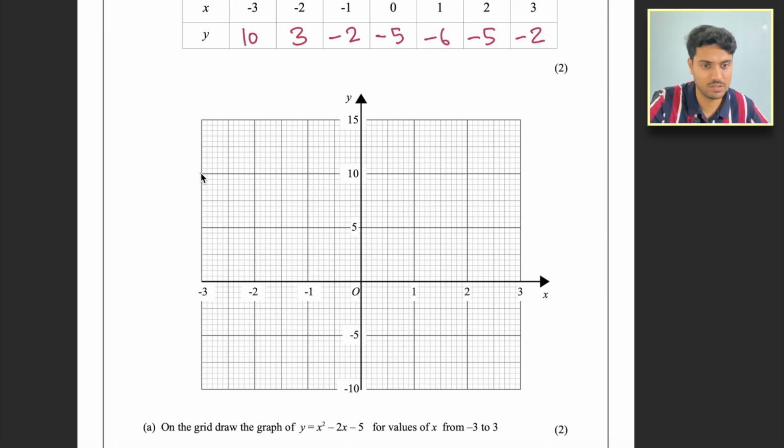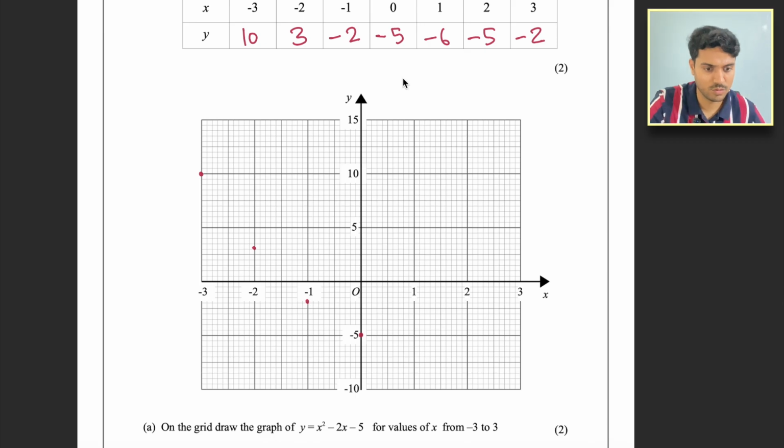So let's plot this first. Negative 3 and 10 is here. Negative 2, 3 is here. At negative 1 it is 2. At 0 it is negative 5. Wait, okay, I had to plot this one at negative 2.